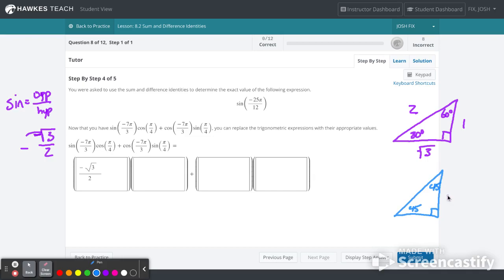We know that the lengths of these sides are 1, 1, and square root of 2. So if I did the cosine of any one of those, that would be adjacent over hypotenuse. So the cosine is equal to adjacent over hypotenuse. And so in that particular case, our cosine of pi over 4 would be 1 over the square root of 2.